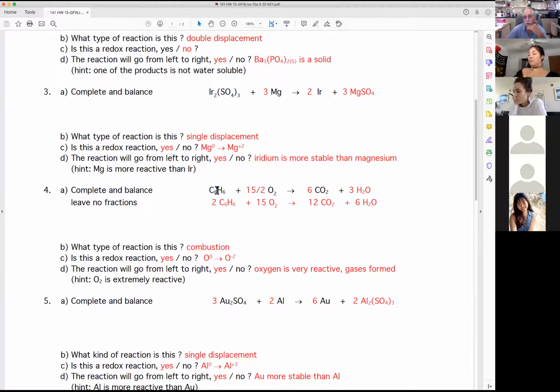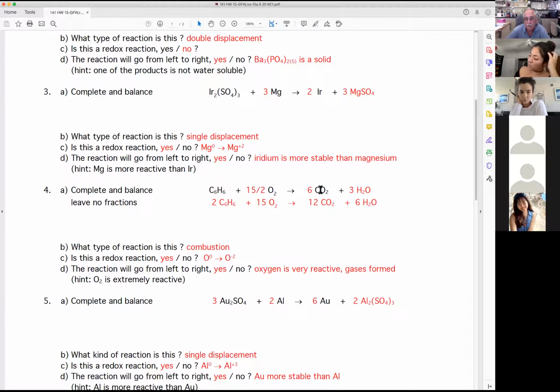So what would be the charge on carbon? Positive or negative? Negative. Most likely it's going to be a -4, right? And hydrogen will be a +1.